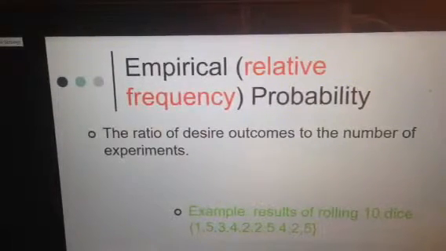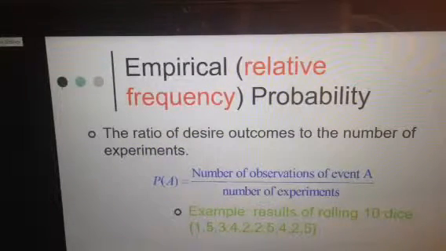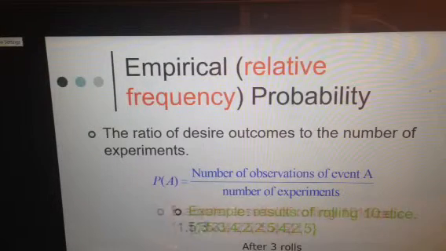Empirical probability is the ratio of desired outcomes to the number of experiments. So, for example, the results of rolling 10 dice: it is the number of observations of event A occurring over the number of experiments.